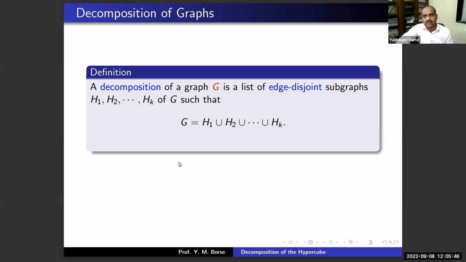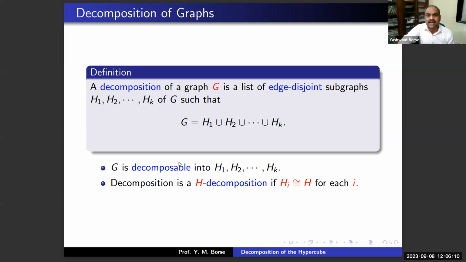Each part, the ith part, gives you the ith subgraph, say Hi. And if H1 to Hk gives you a decomposition, we say G is decomposable into these subgraphs H1, H2 up to Hk.